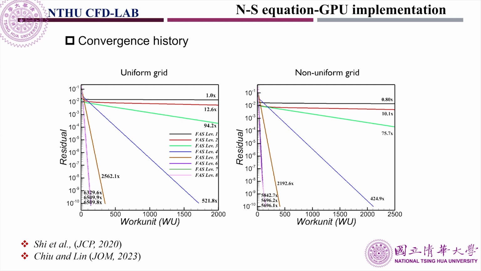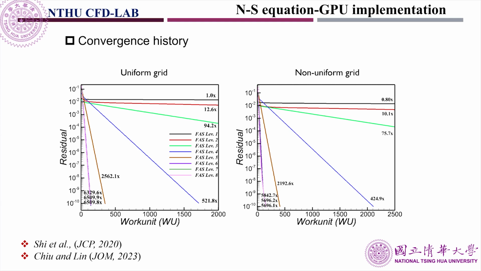Based on work unit, you can get up to 6,000 times speed up compared to just one level of multigrid. Non-uniform mesh actually has a slower performance, but nonetheless it's quite decent. This is based on one, and we have about 5,000 times speed up.